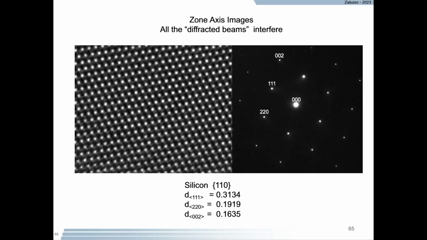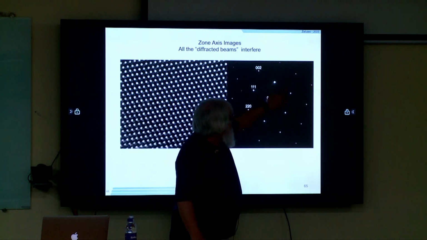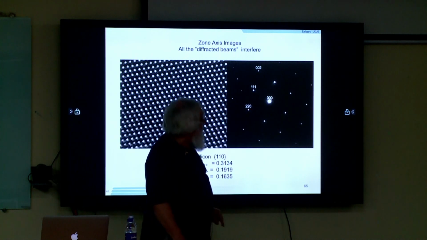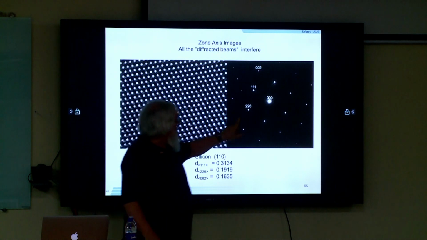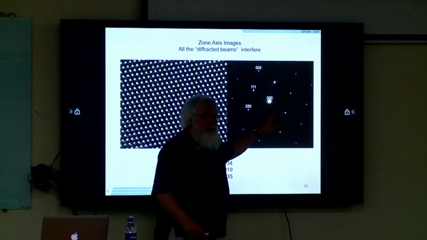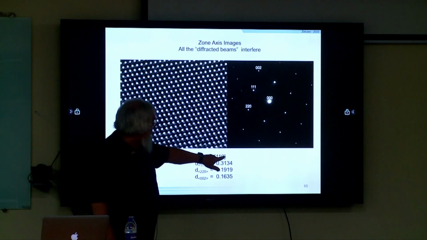So here's an example of a phase contrast, high resolution image of pure silicon. Now I'm letting all these beams come in. I've oriented the crystal, and we're getting an interference pattern in all directions, each of these beams interfering with each other. We can measure the spacing in each of these directions. This happened to be 110 silicon.